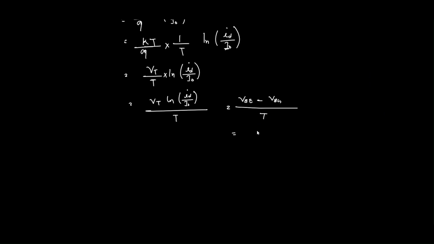And if we put this value, 0.65 minus 1.12 divided by 300, we can get 1.56 millivolt per Kelvin. Basically this one is negative.